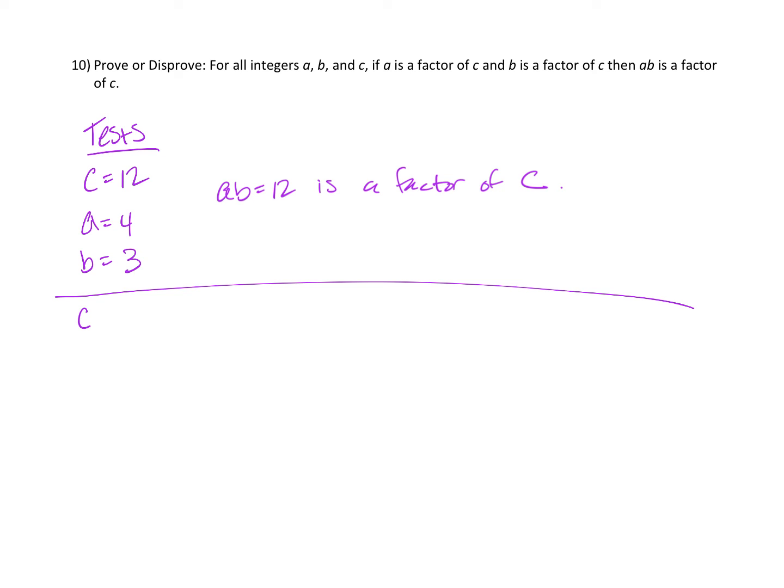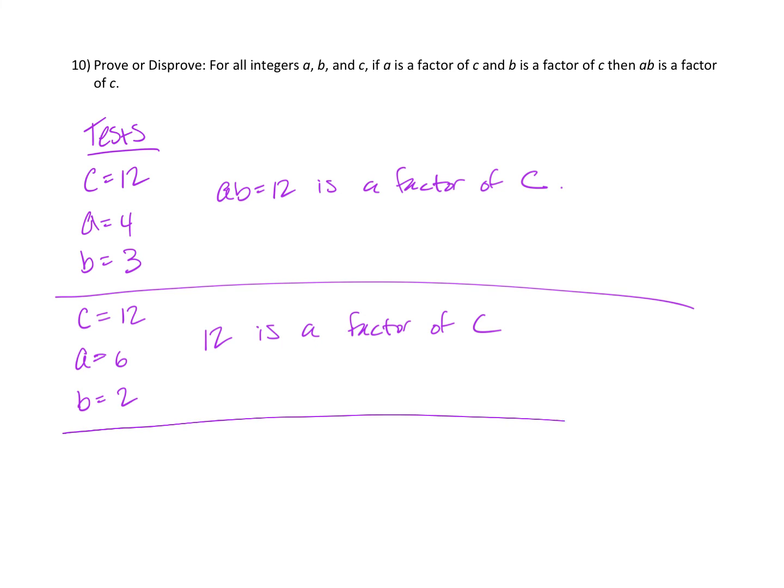Let's use the same c and different factors because it has a lot of factors, right? So let's have a be 6 and b be 2. So those are both factors of 12. a times b is 12, a factor of c. Okay, so we've nearly exhausted all the factors of 12, right? There's one more set. So we'll let c be 12 and we'll let a be 12 and b be 1.